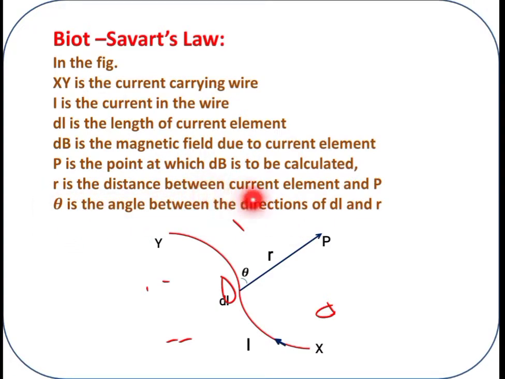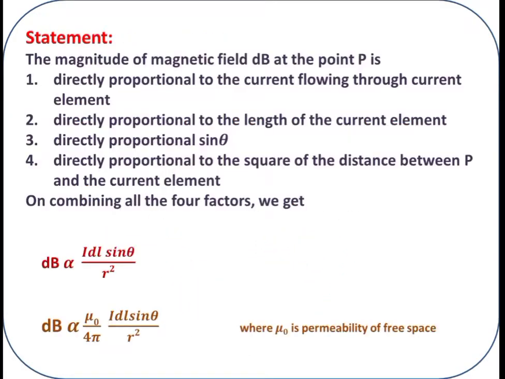R is the distance between the current element and P, that is, the distance OP. Theta is the angle between the directions of dl and R. According to this explanation and the diagram, from the statement of the Biot-Savart law, the magnitude of the magnetic field dB at a point P is directly proportional to the current flowing through the current element.